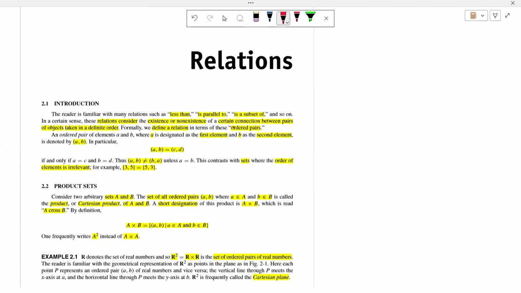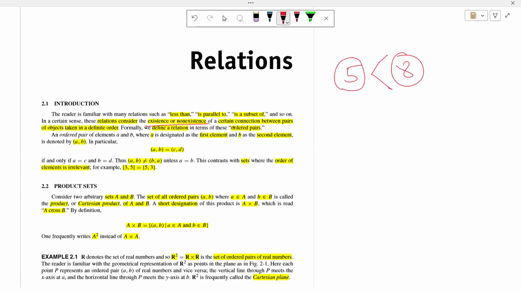Relation means you are telling the existence or non-existence of something. If you have 5 and 8, you will tell which one is the smallest value and which is the largest value. So relation means you are telling the existence or non-existence of a certain connection between a pair of objects.